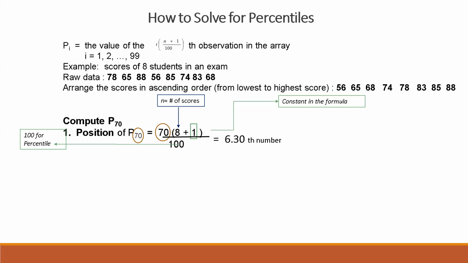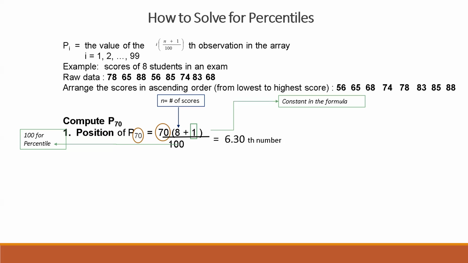We multiply it by 70. That becomes 630. Then divide it by 100. That becomes 6.30.